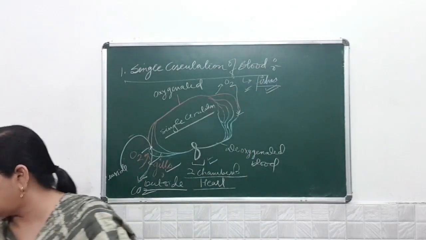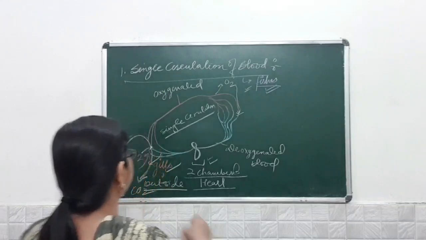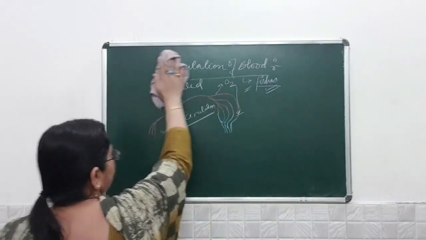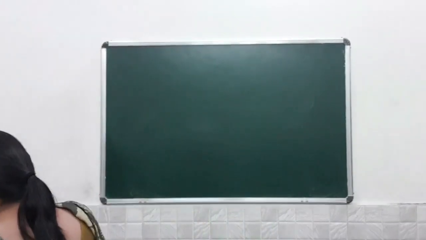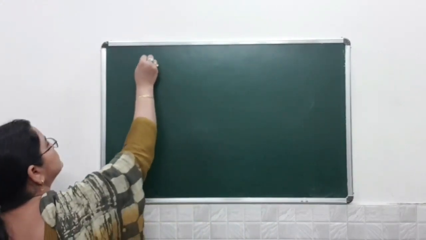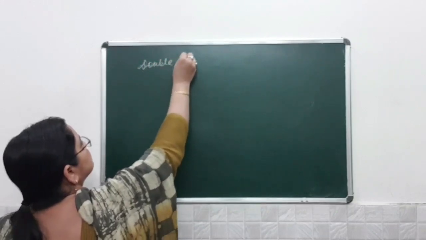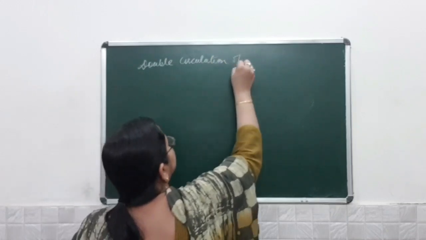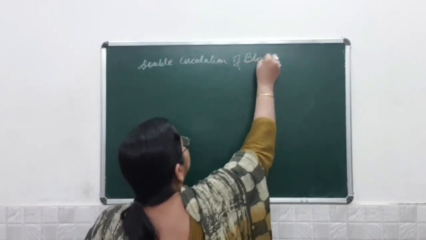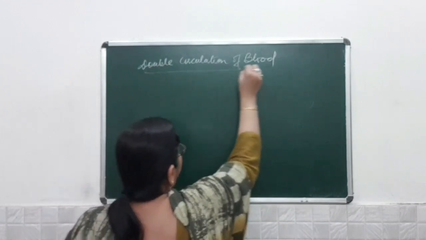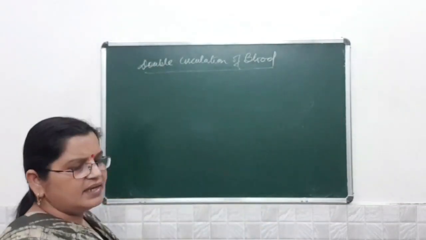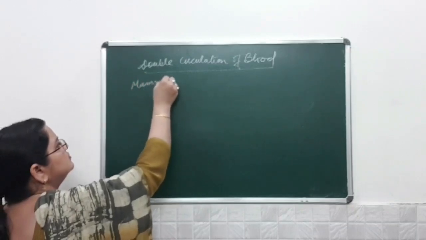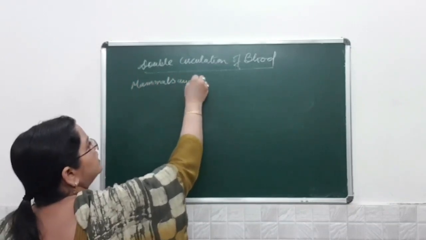Next is double circulation of blood. Double circulation of blood is seen in mammals and birds.